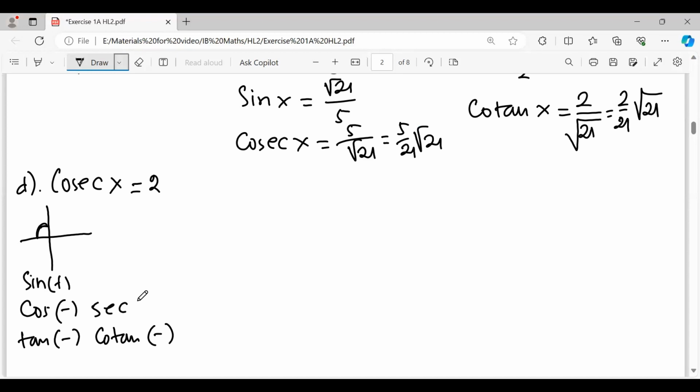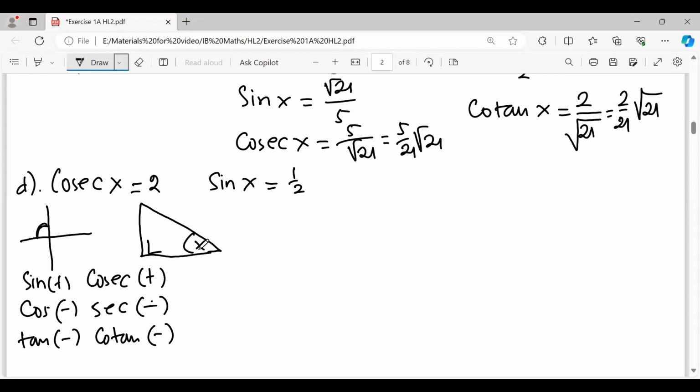Secant is negative, while cosecant is positive. Okay. Meanwhile, the triangle. Cosecant's inverse is sine, so sine x is 1 over 2.